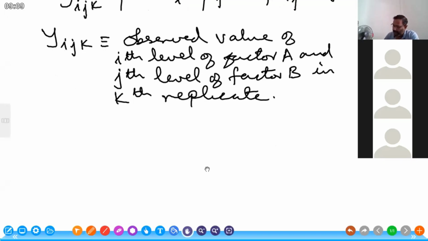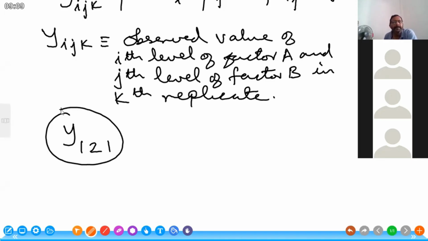Now tell me, Y121. How do you define this observed value?